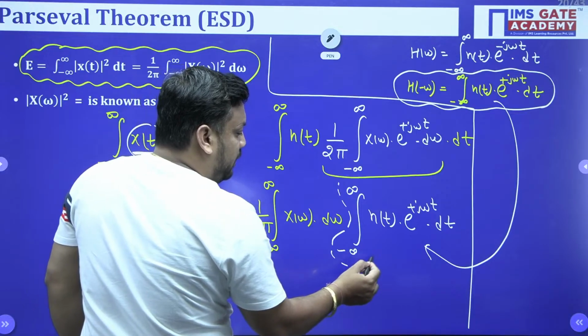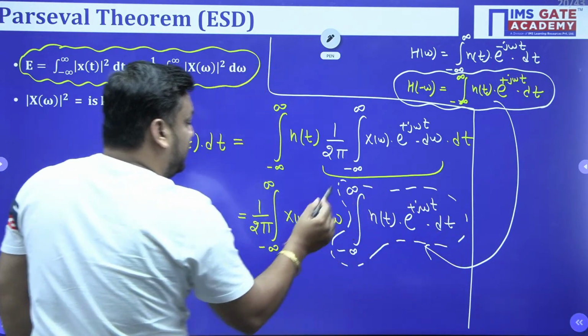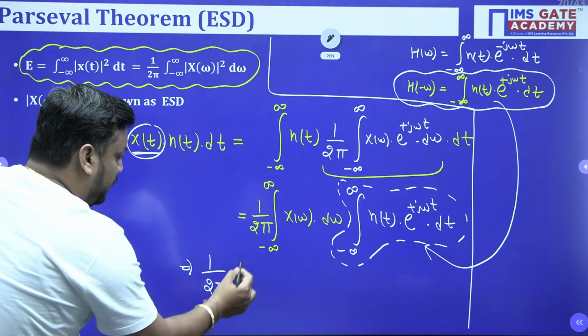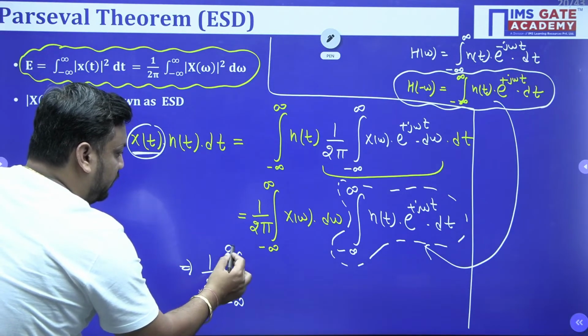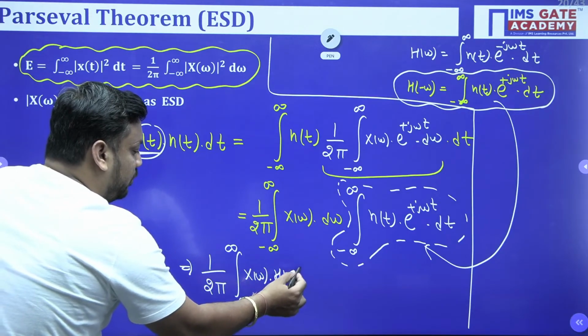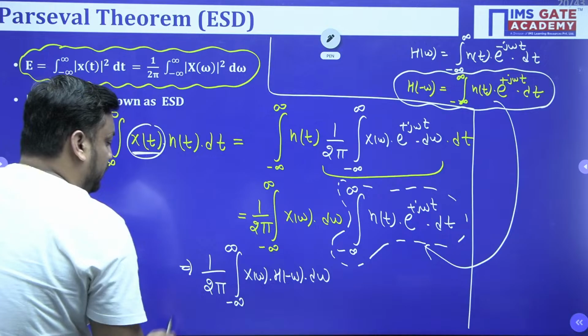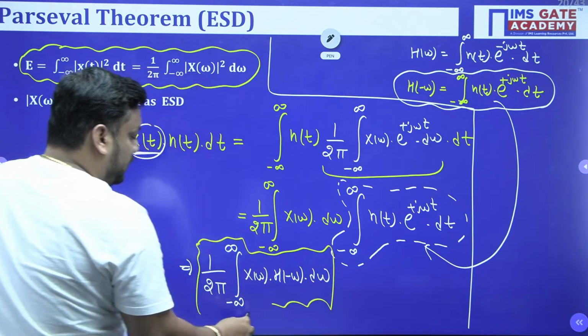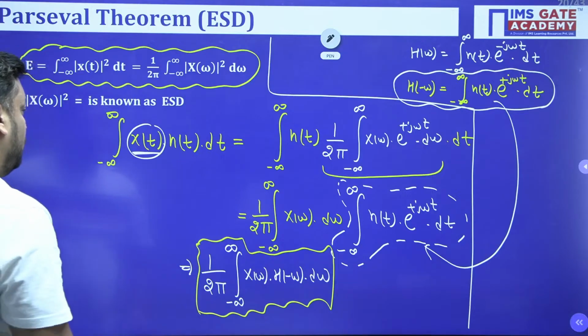It means this complete expression I can rewrite as 1/2π integration from minus infinity to infinity of X(ω) as it is, H(-ω) as it is, and dω. All of you guys just reply, is this crystal clear or not, beta? So now finally what will you get?